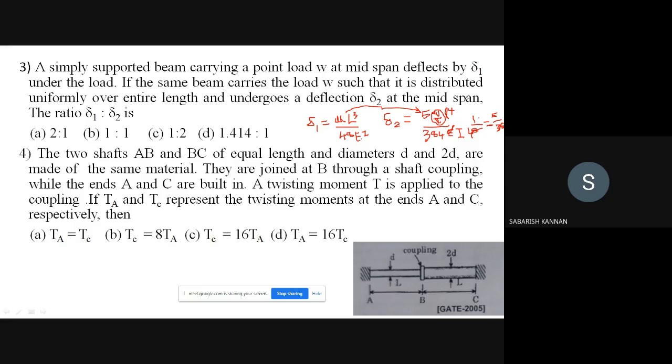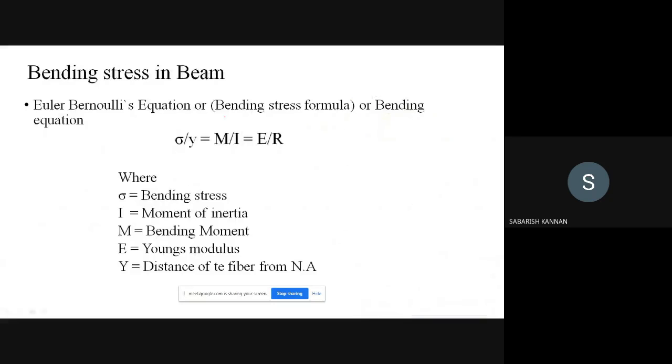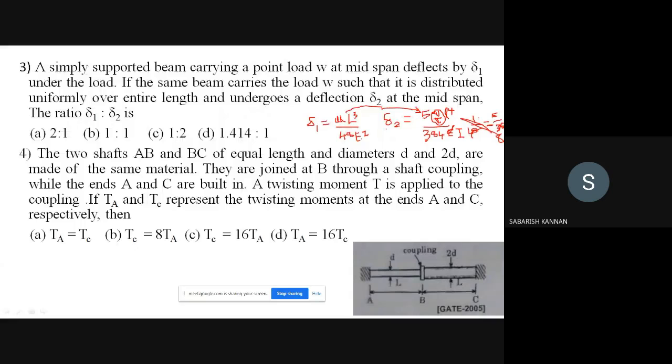How many times? 8 times, so that 5 by 8 equals 1. So our answer is 5 is to 8. It becomes 5 is to 8.